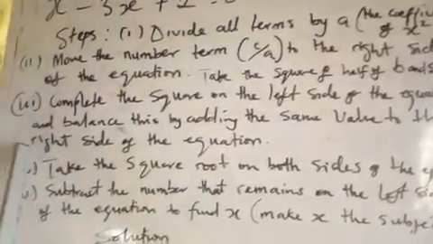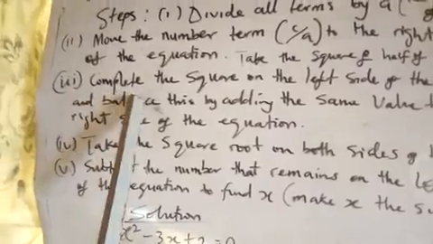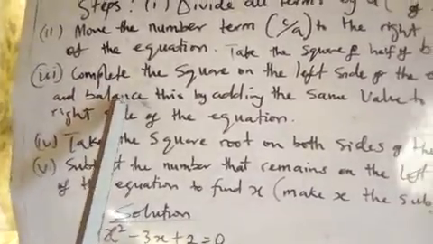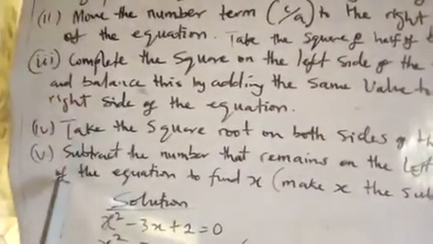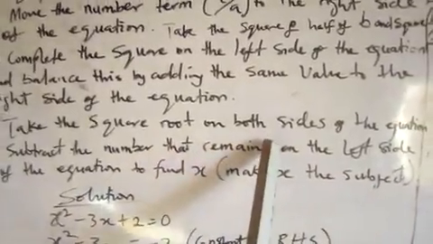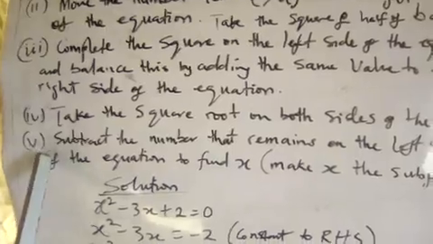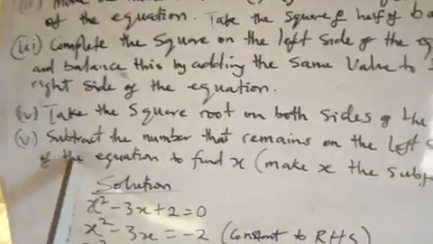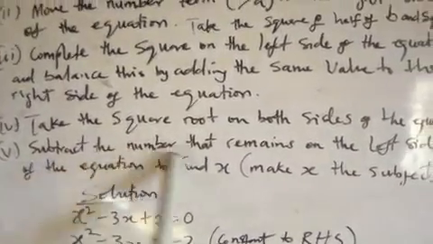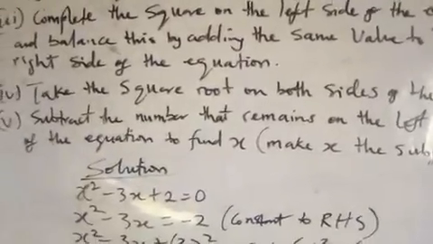Then you have made an expression a complete square. Then you take the square root on both sides. When you take the square root on both sides, you are left with a plain value. Then you either subtract or add. So those are the basic steps. But let's now go into solving that particular question.